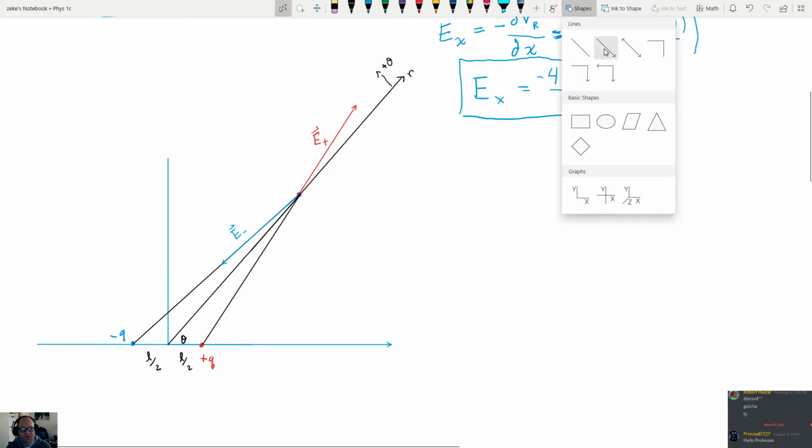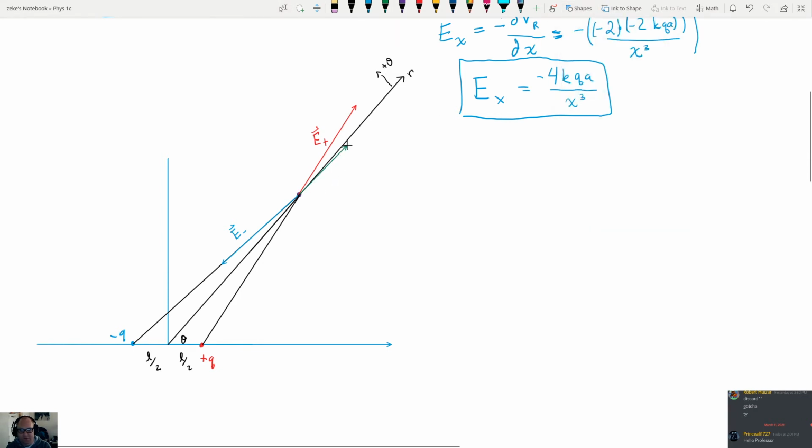We use different colors so that they stand out. So for the positive one, you're going to have a component that goes this way, and then you'll have another component that goes straight up this way. And this one right here is going to be, we'll call it E plus R. And this is going to be E plus theta.